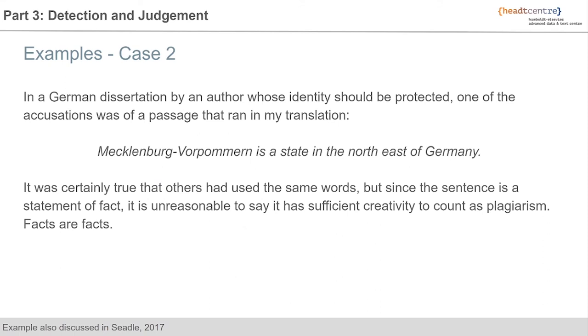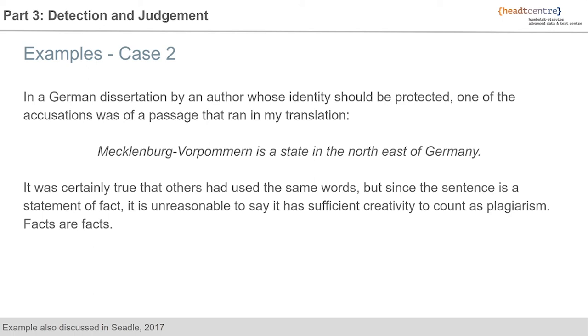When we're talking about facts, facts are complicated. Here's a German dissertation by an author whose identity I'm not going to say because all of these investigations need to be handled with considerable confidentiality. Nonetheless, and this is my translation, it's a good example of a fact. Mecklenburg-Vorpommern is a state in the northeast of Germany. Certainly, others have used these same words.